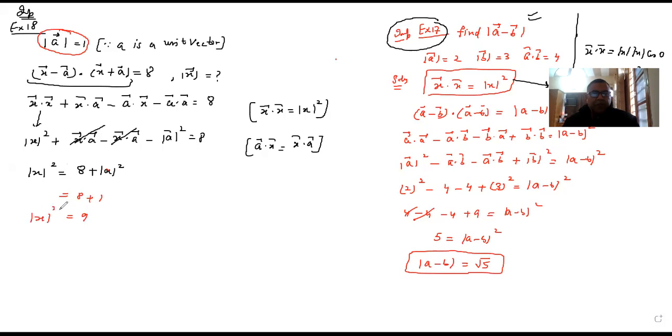So mod of x square is equal to 9, so mod of x is equal to 3. This is my required answer. This is very important for short answer questions, which come for 2 marks, and it is a part of the paper many times.